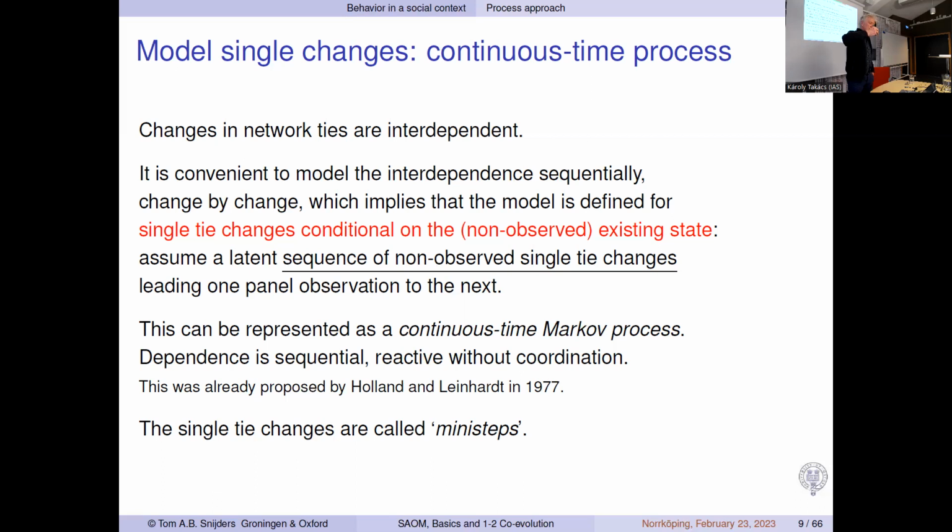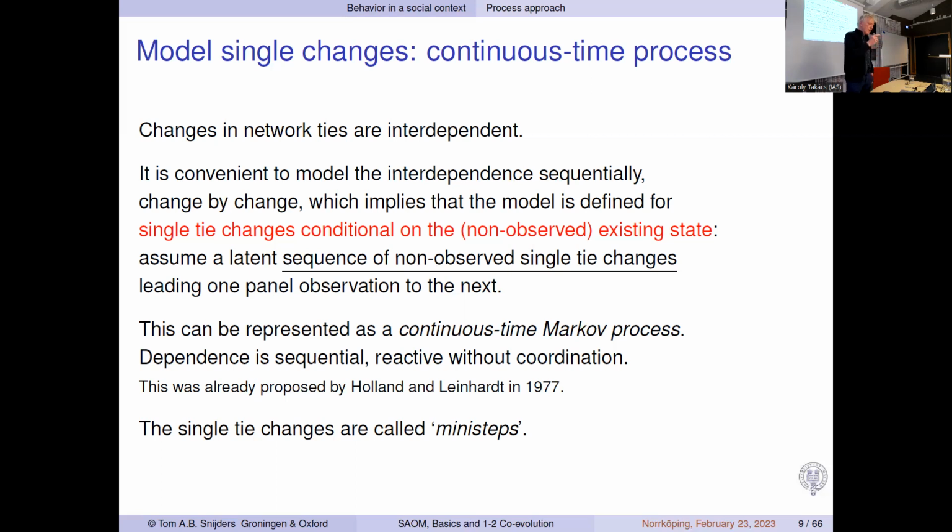And also, the assumption is made that at any moment, if a change occurs, only one tie variable can change. So only one tie can be created or one tie can be dropped. That means that the dependencies between the network ties are created sequentially rather than by coordination. And so it is a reactive dependence.